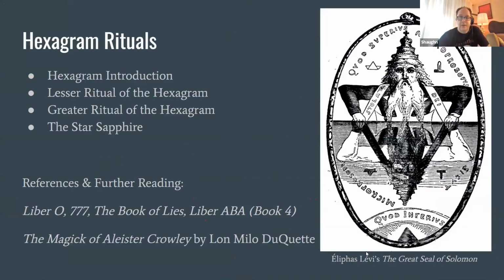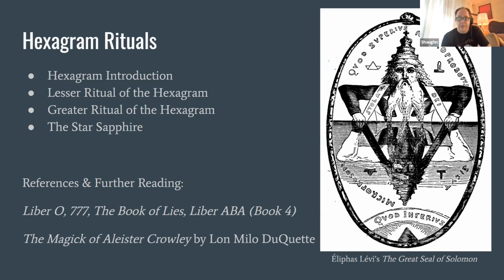Okay, so just a little overview of what we'll talk about today. We'll do a little background on the hexagram rituals and how they differ from pentagram rituals. Then we'll go through the lesser ritual of the hexagram, the greater ritual of the hexagram, and then we'll attempt to parse some semblance of understanding of the Star Sapphire ritual.